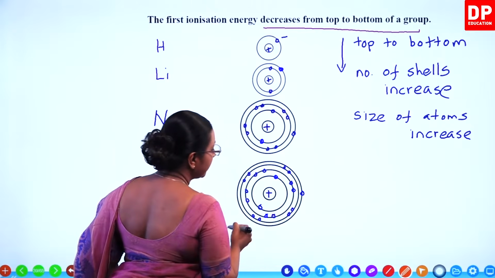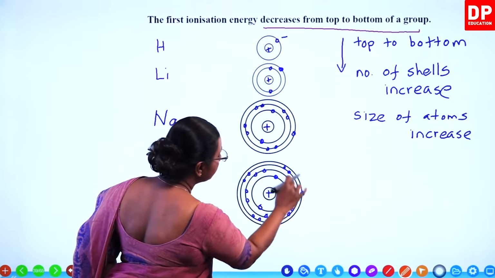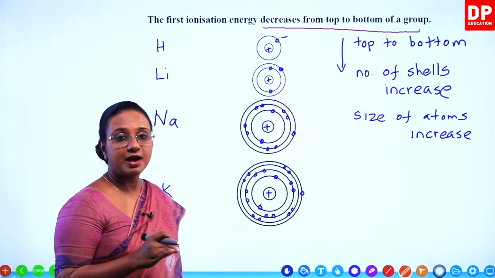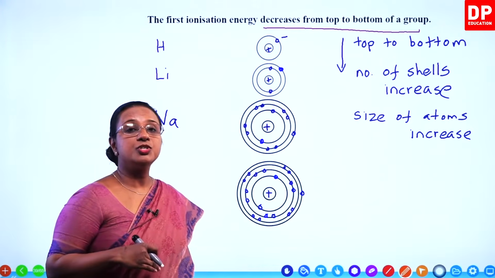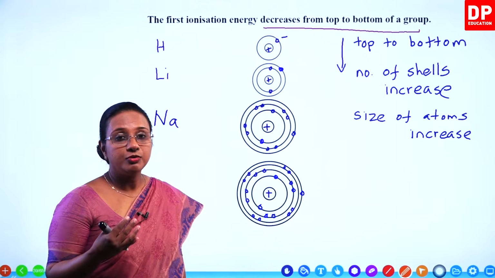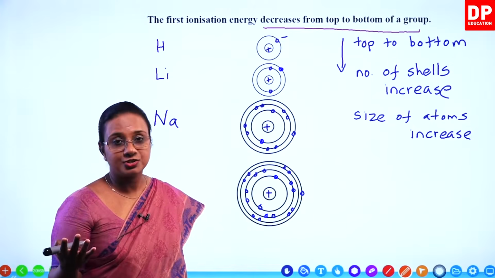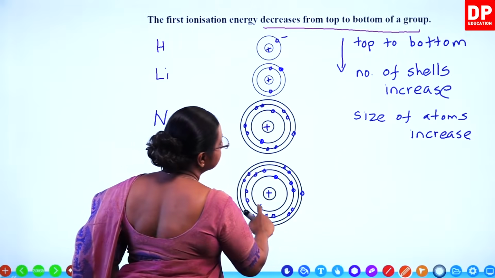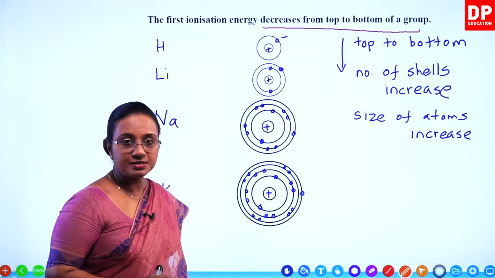And to potassium, there are 3 more shells inside, and the valence electron is there in the outermost shell. And it is always the electron in the outermost shell or the valence shell that is going to be removed during first ionization. So down the group, you can see the size of atoms increases.